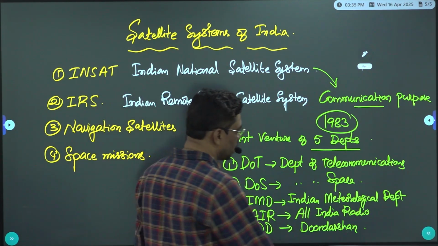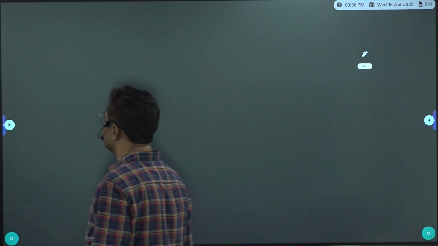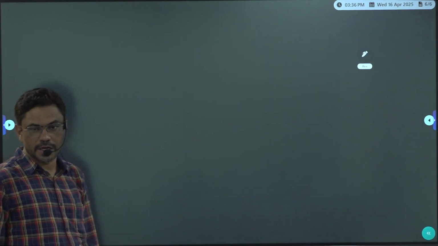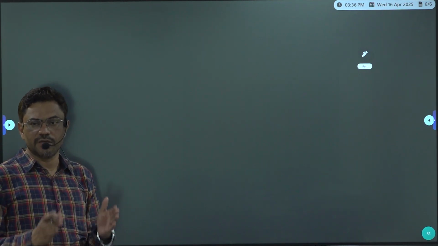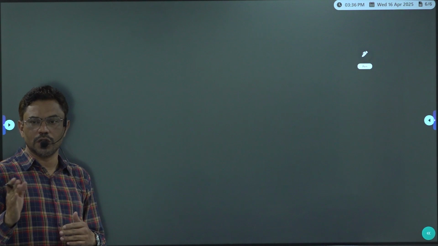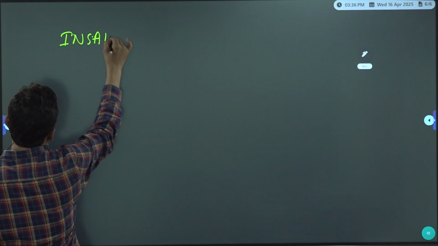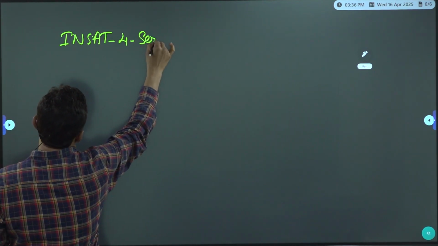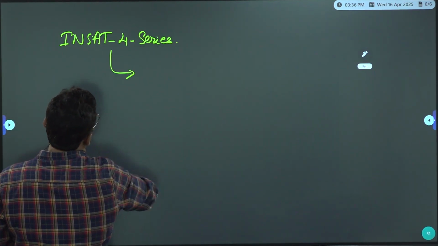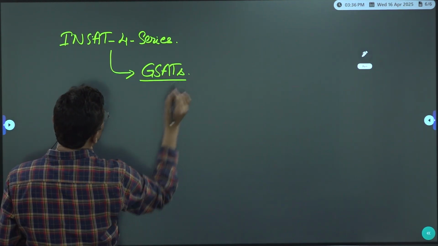Actually, in this INSAT system, we have launched various types of satellites in different generations, like first generation, second generation, third generation, fourth generation. Inside 1 series, 2 series, 3 series, and 4 series. In the fourth series, the advanced GSATs have been included.